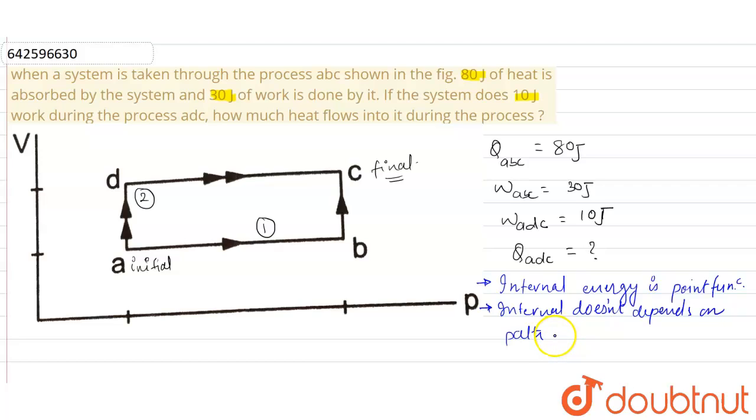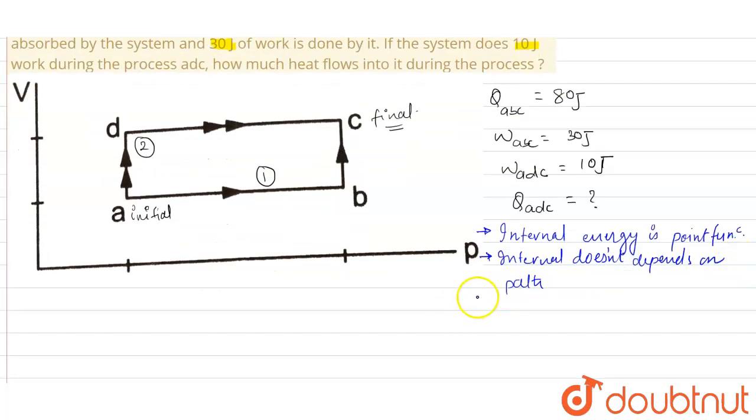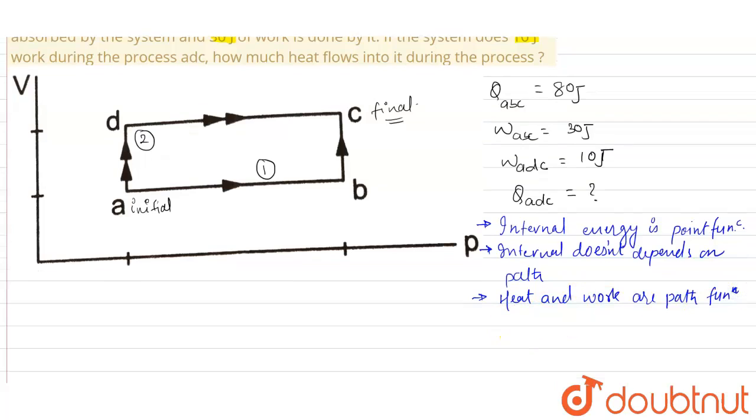It only depends on the initial state and the final state. But the third point is that heat and work are path functions. Path functions mean that heat and work depend on the path we follow.